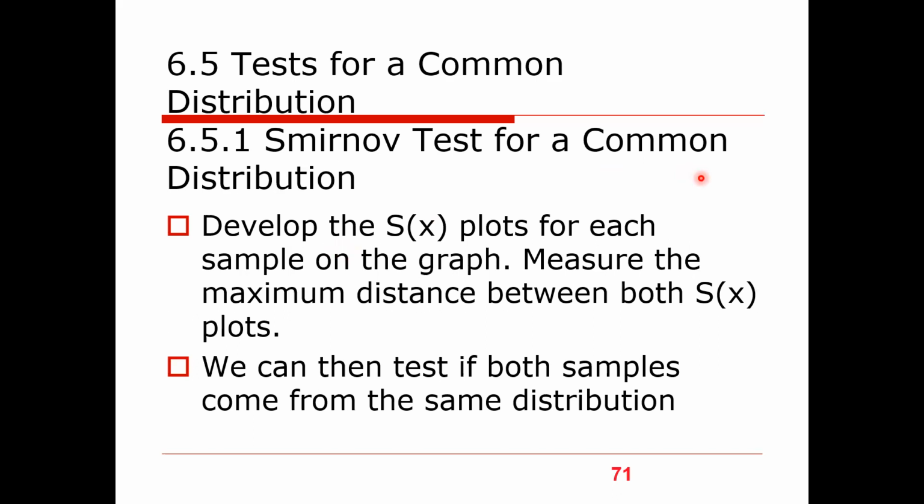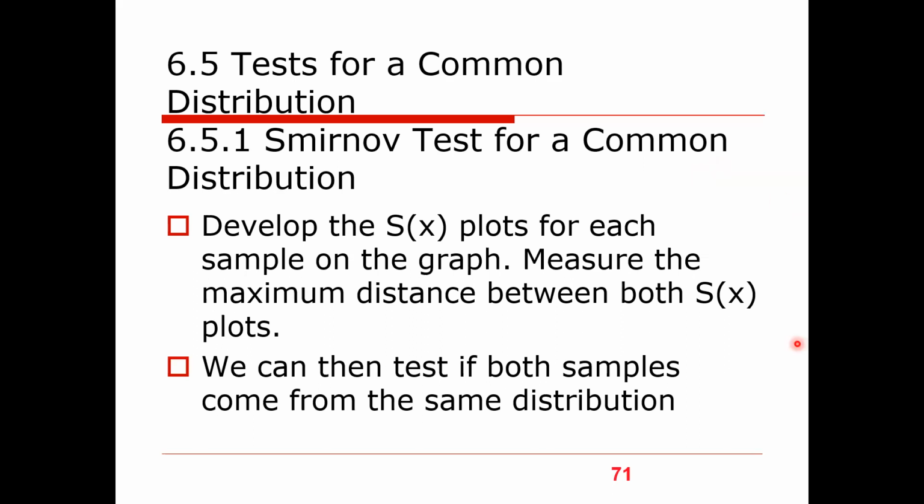Remember the Kolmogorov test? We use the sample cumulative distribution function, the big Sx, right? Use that plot and identify the biggest magnitude from that Sx to the CDF. Using the biggest magnitude, we determine whether a distribution is equal to what we guess.